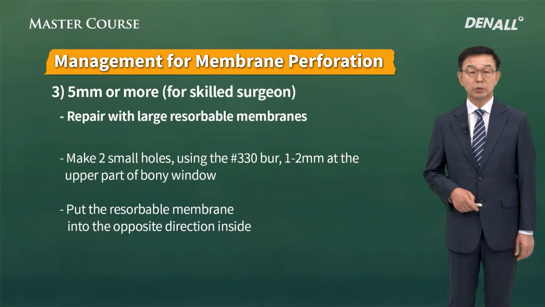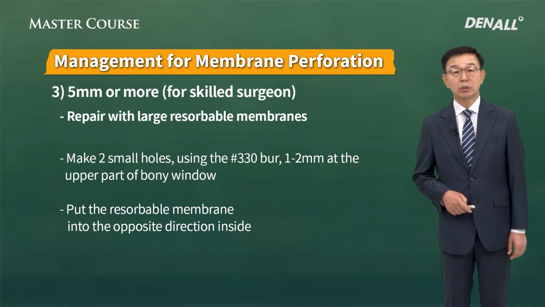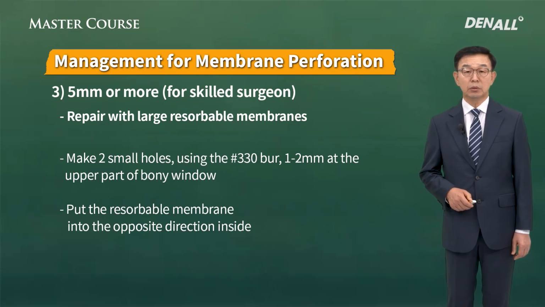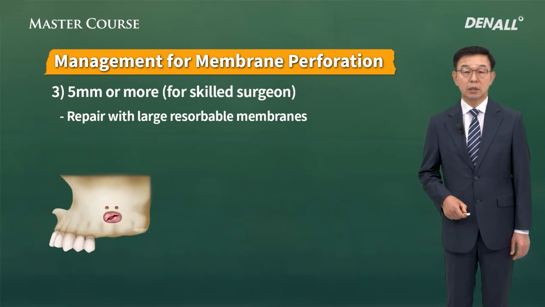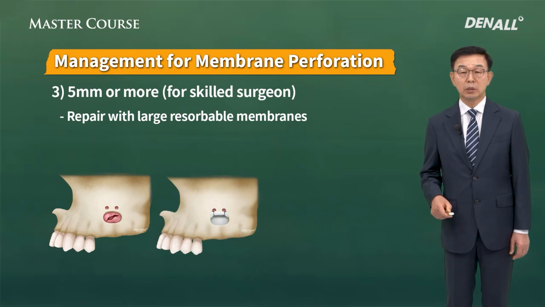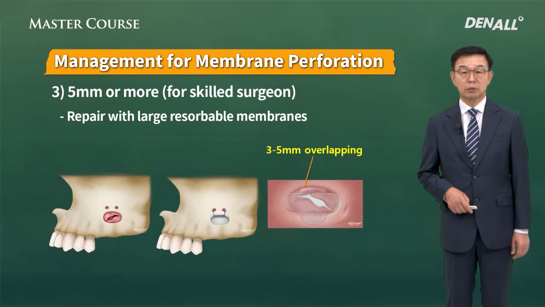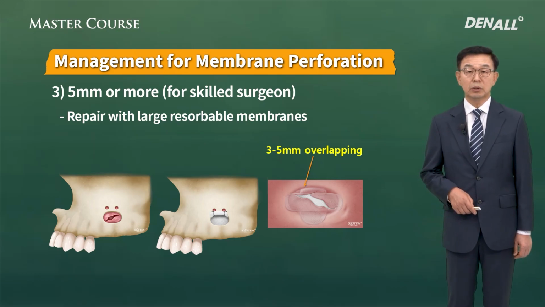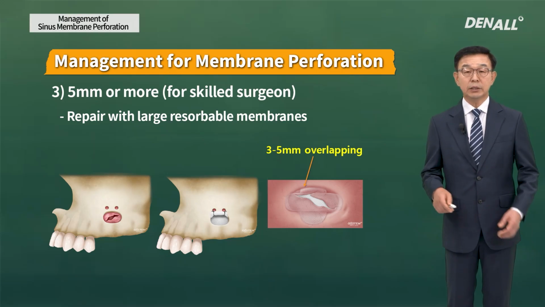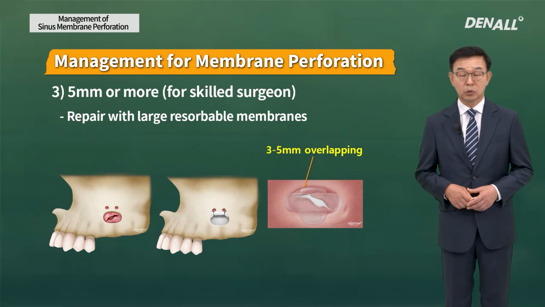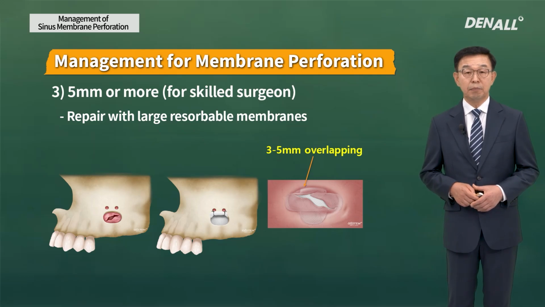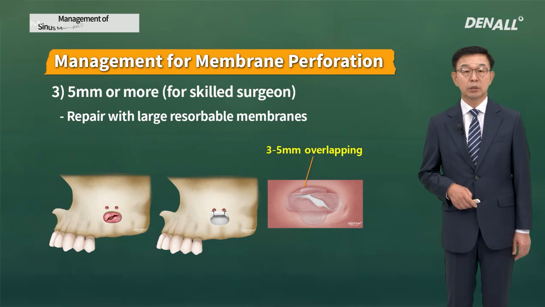In the case if it is beyond 5 millimeter, fixing the resorbable membrane is very important. At times, you can create a hole like this superior to the problematic area and do fixation using suture or pin. If there's a lot of tearing, even after bone graft, the membrane does not move, therefore you can get good prognosis.